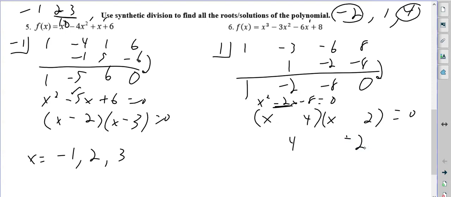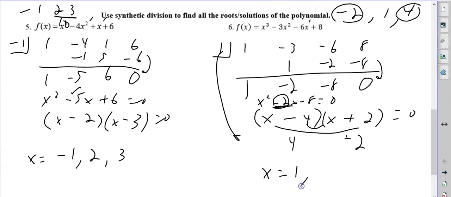I know that from the calculator. Therefore, I need to make this negative and this positive, because I need more negatives to get negative 2. And negative 4x plus 2x gives me negative 2x. So, bring this down. I have my 3 answers. X equals 1, 4, and negative 2.